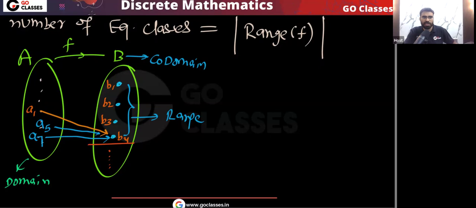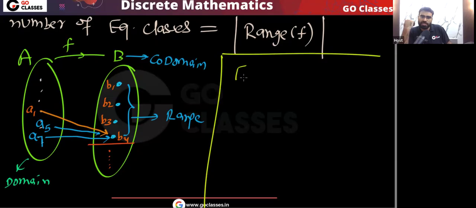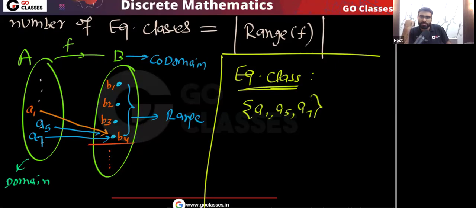All the elements which are mapping to B4 will create an equivalence class. So there will be an equivalence class like this: A1, A5, A7, because they all are mapping to B4. Similarly, all the elements which are mapping to B1 will also create an equivalence class.